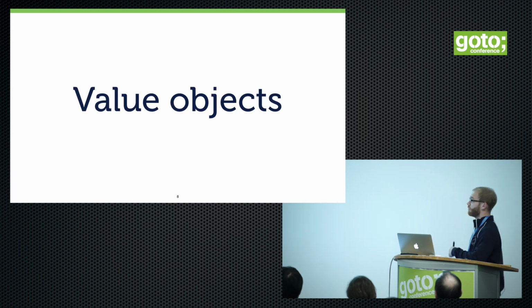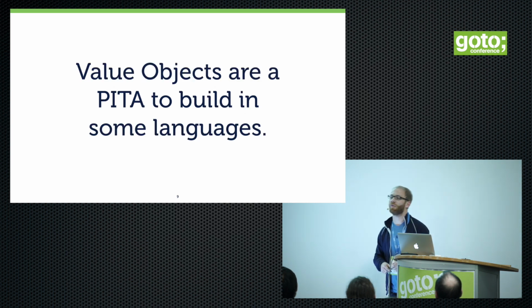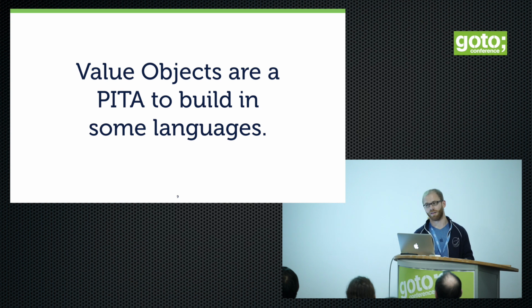The first thing, and that's why I mention it here, is value objects. Value objects are a very powerful thing, but they are really a pain to build in Java. If you just want to build an email address class, you have constructors and then equals and hashCode to implement and all this kind of stuff. So that's a reason why people avoid using value objects.